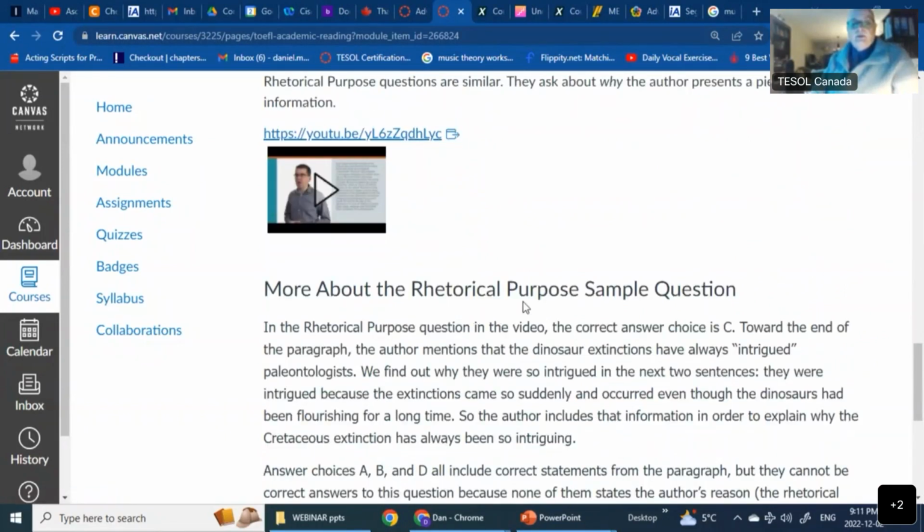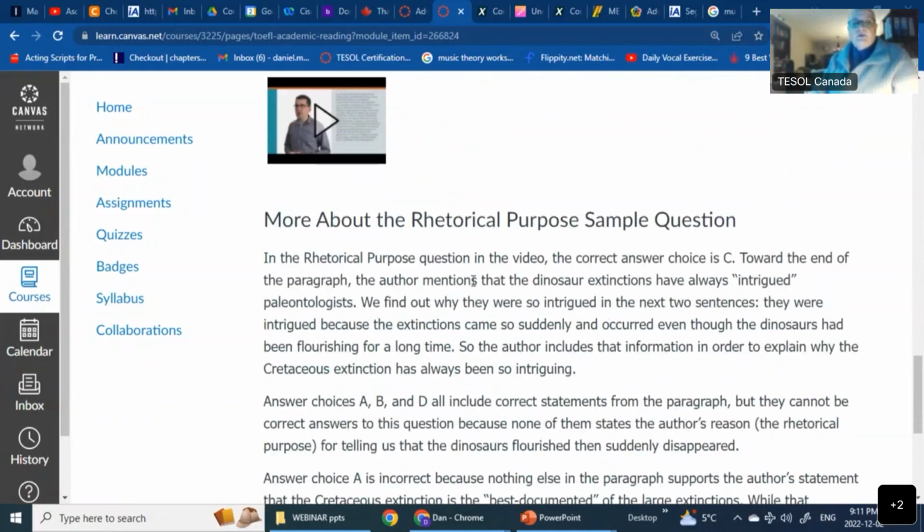They ask about why the author presents a piece of information. More information about the rhetorical purpose sample question. In the rhetorical purpose question in the video, the correct answer choice is C. You can watch that video yourself from the Canvas platform. Toward the end of the paragraph, the author mentions that the dinosaur extinctions have always intrigued paleontologists.